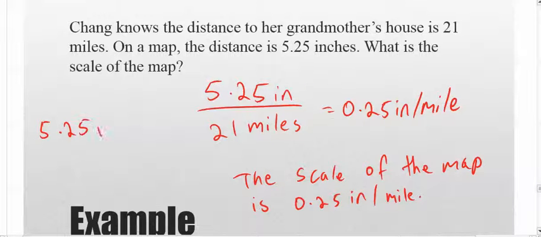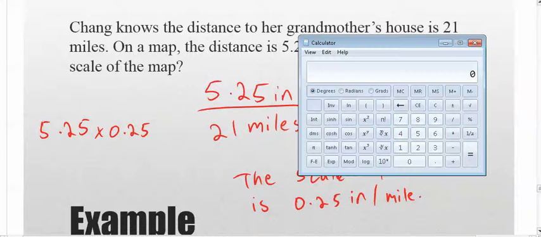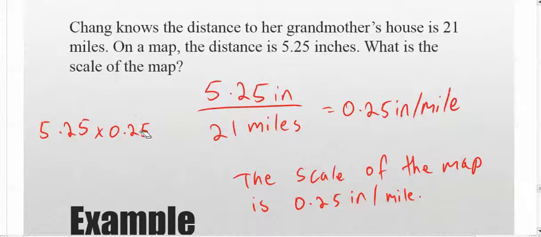And then to check, you would just do 5.25 times 0.25, and then let's just figure that out again. So 5.25 times 0.25, which equals, well, this is embarrassing. Wait, no, I messed up. It's 21 times 0.25, which equals 5.25. That's why. Okay, yeah, don't do this part.